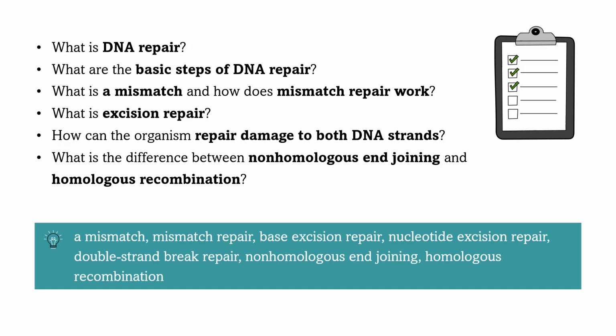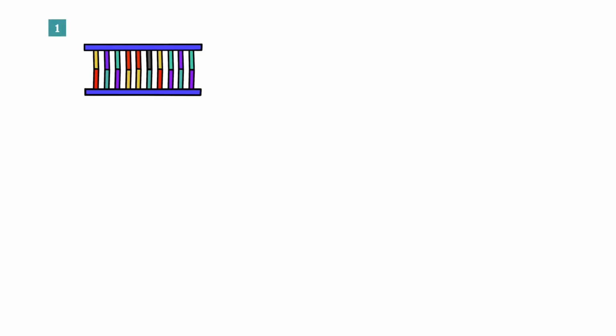Okay, so let's start. When we talk about DNA repair, we simply talk about the mechanisms that the organism can use to repair damaged DNA. The organism has different ways of repairing DNA damage, but the basic steps of DNA repair are very similar. First, the damaged DNA must be recognized and removed.